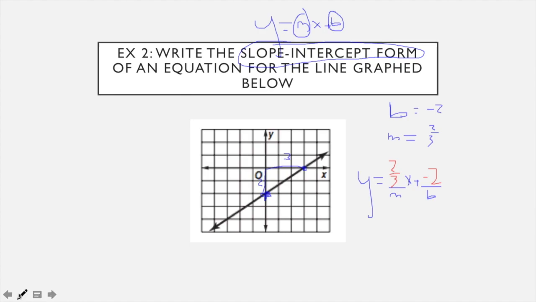But there's one more thing we want to do to write this as best we can. We would never write plus a negative, we would just write minus. So instead of plus and -2, I'll just put a -2 there. So final answer, y equals 2/3 x minus 2. Slope-intercept for example 2.